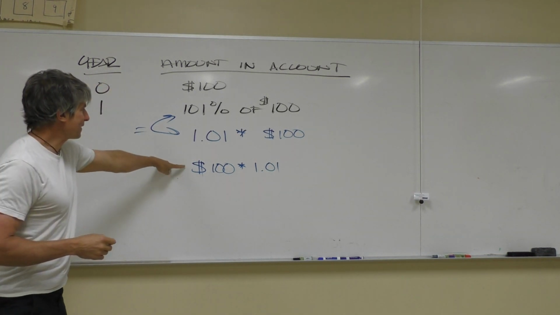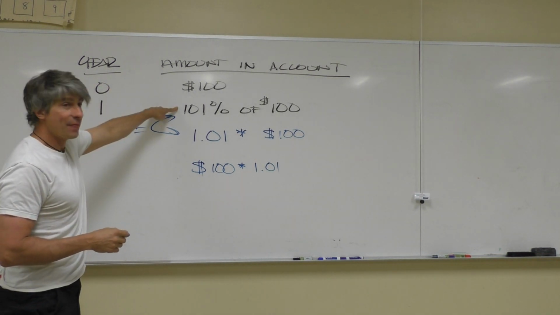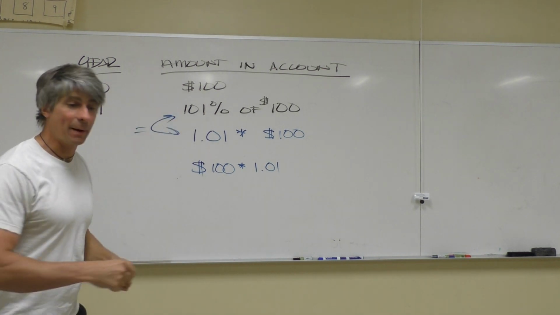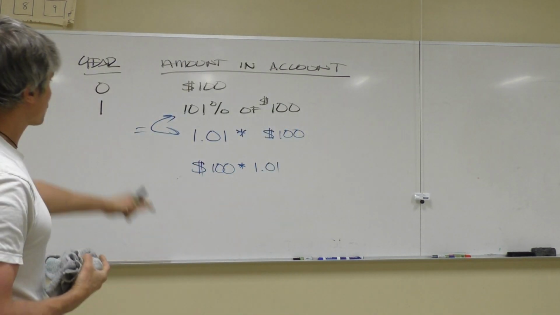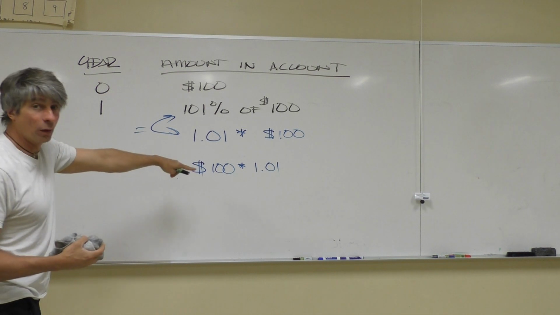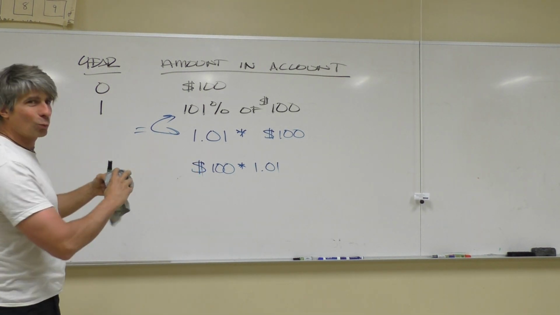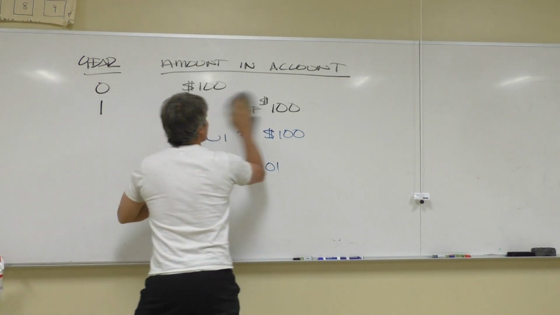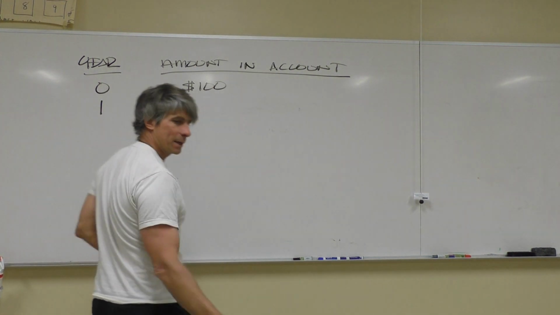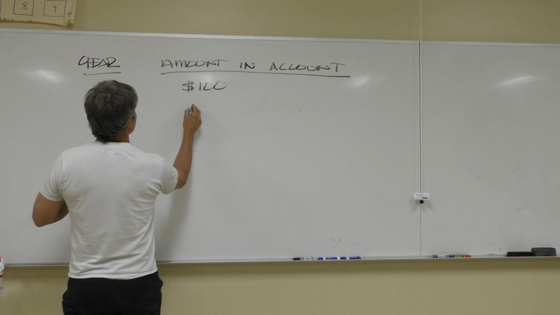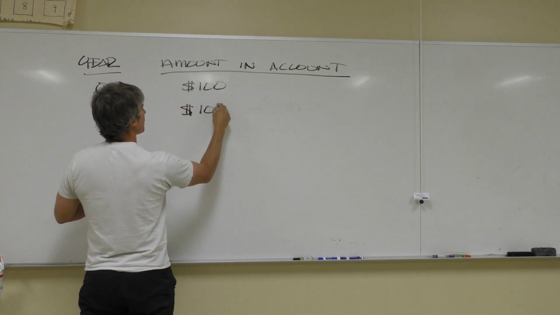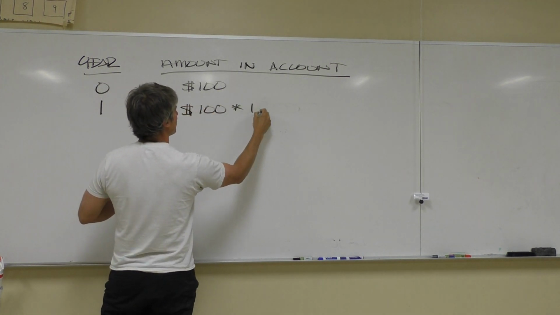That even looks simpler to me. I think that looks even better. So I'm going to erase all this and replace it with that. All of these things that I'm erasing mean the same thing. I'm just trying to get this written more conveniently. So we're going to write $100 times 1.01.